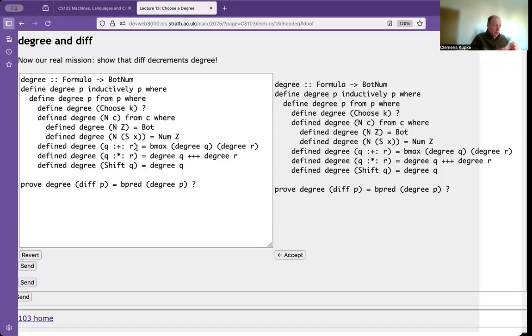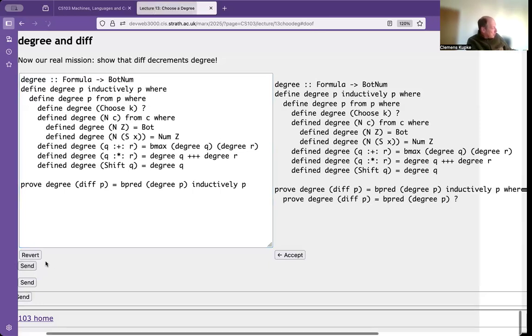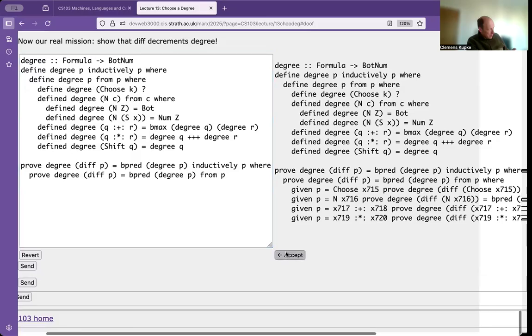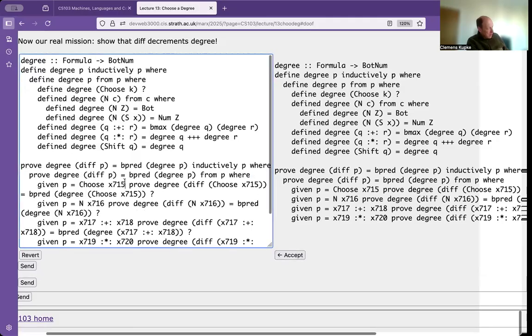And yes, also, if you remember, well, let's actually do it instead of talking about it. We try and prove this thing.